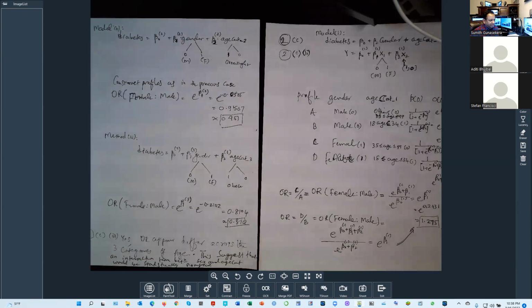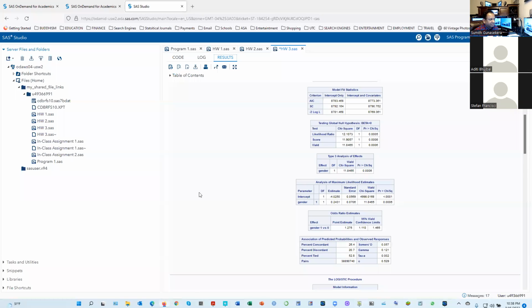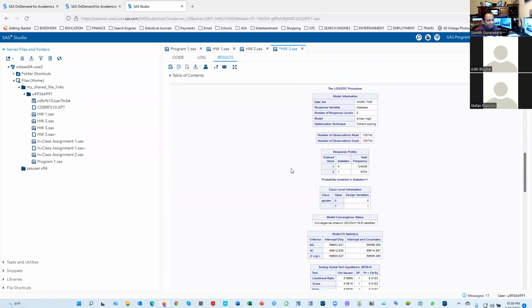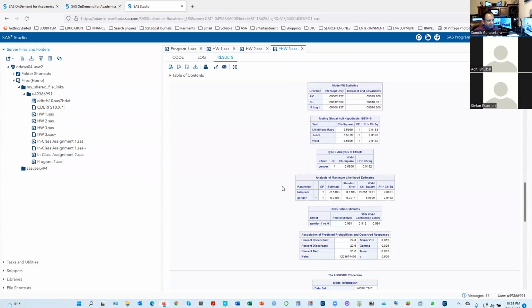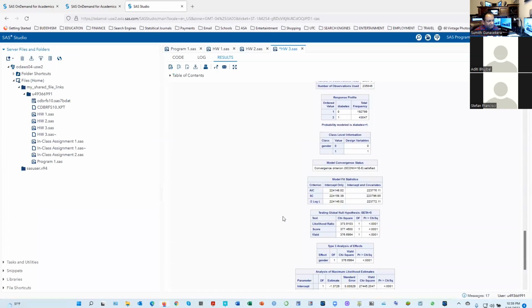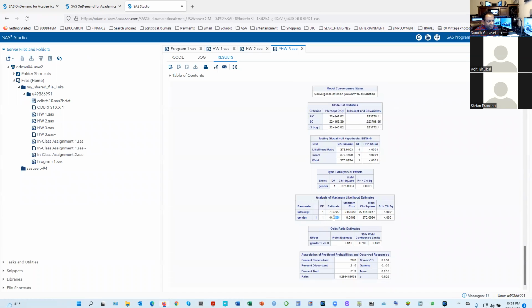So what I'm trying to say is that these numbers I'm talking about: 0.2431, negative 0.0505, negative 0.0505, and the third one, negative 0.2102.